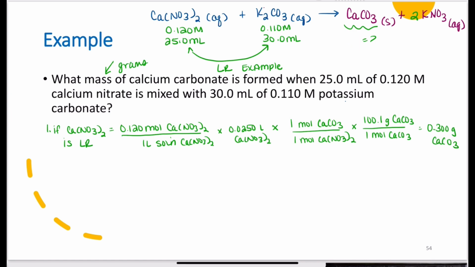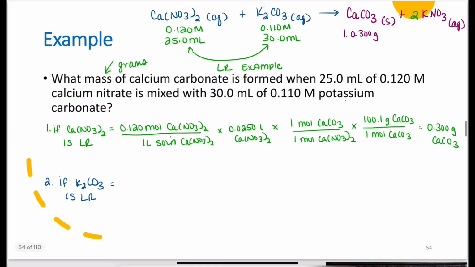So that means one option, 0.300 grams. But that doesn't mean it's for sure the answer. I have to see how much I can make with the other reactant. What if K2CO3 is my limiting reactant?